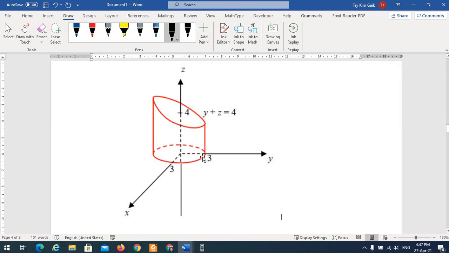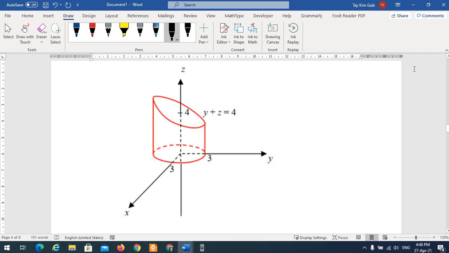So the cylinder is bounded by z equal 0 at the bottom, and at the upper part, going up to infinity, it is cut by the plane y plus z equal 4. The resultant will be like here. We want to find the volume of this resultant solid.